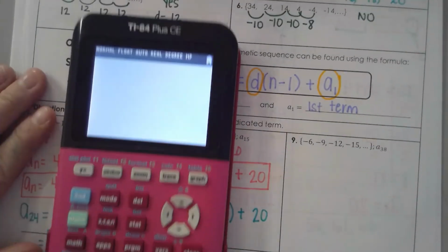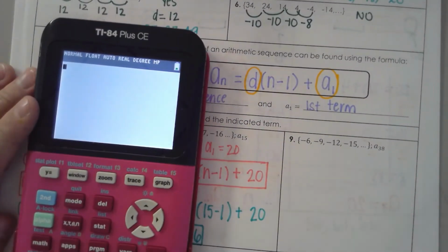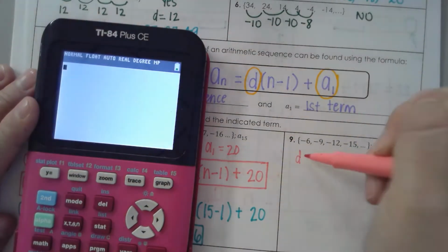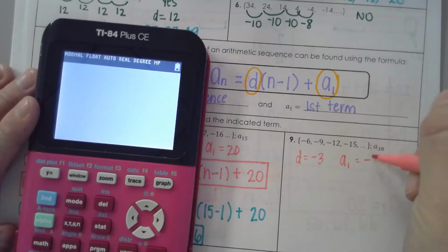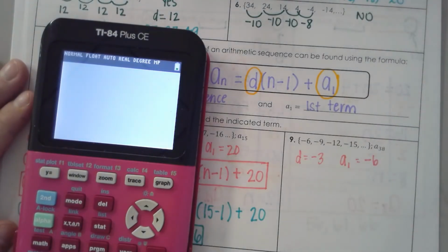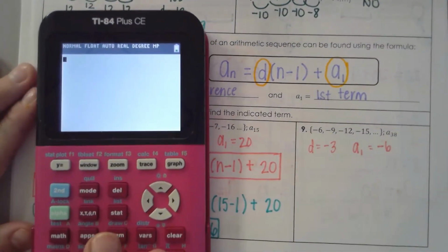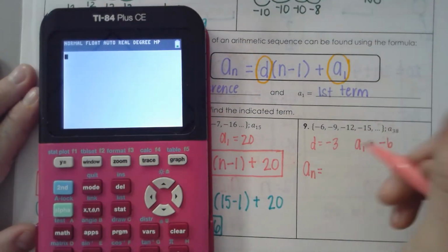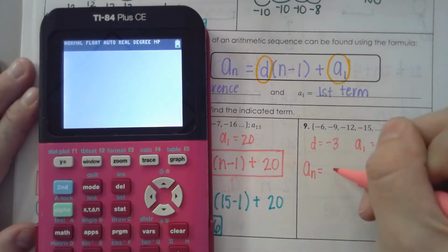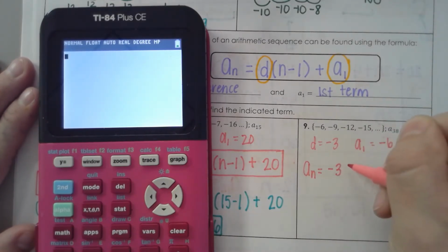Number 9. My common difference, yes, is negative 3. And what's my A1? Negative 6. So my formula, AN equals, it's my common difference of negative 3 times n minus 1.